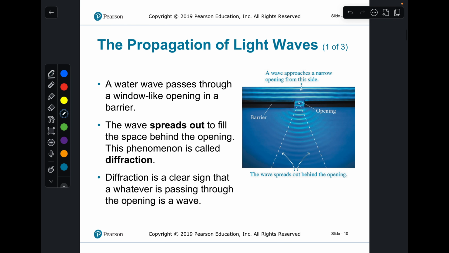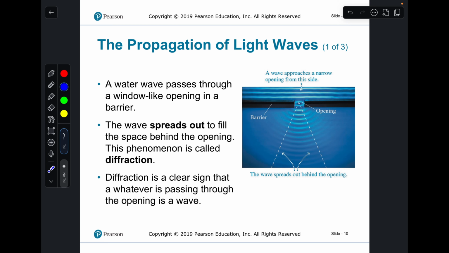So the reason why we know that light can behave as a wave is through a very simple experiment. In this picture, we have water waves, and you can see the amplitude of the water by looking at the bright spots on this screen here. And that's the crests of the water as we're looking down.